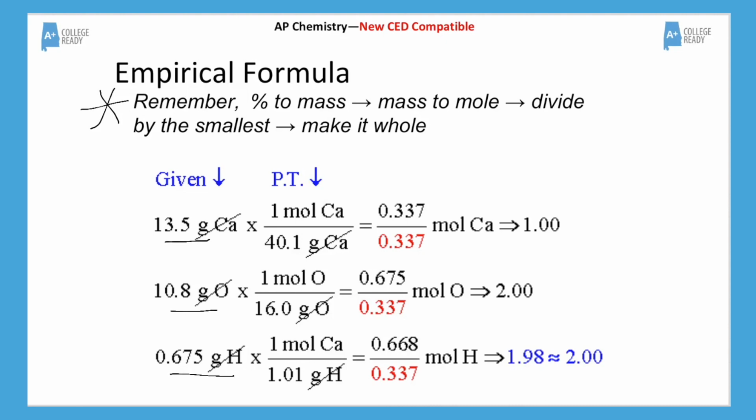And then once we have moles of each element, we see which of those mole values is the smallest and divide it into everything. And that should give us whole numbers. Occasionally, if we had like 1.5, we might have to double that to get a whole number, and we'll see that later.